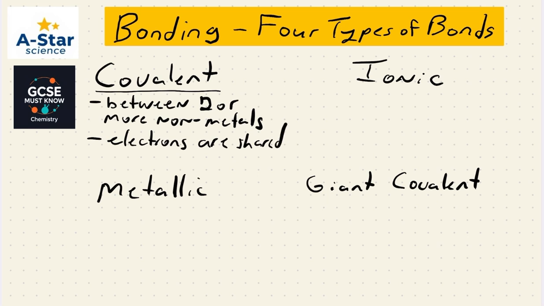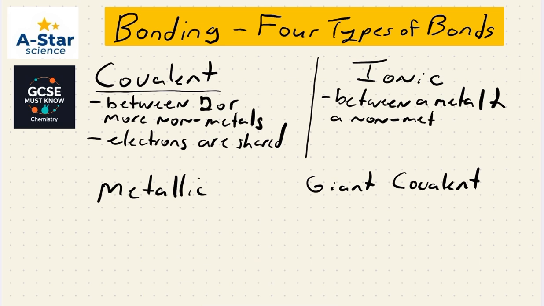Ionic bonding is bonding between a metal and a nonmetal. In this case, electrons are transferred, meaning lost or gained.